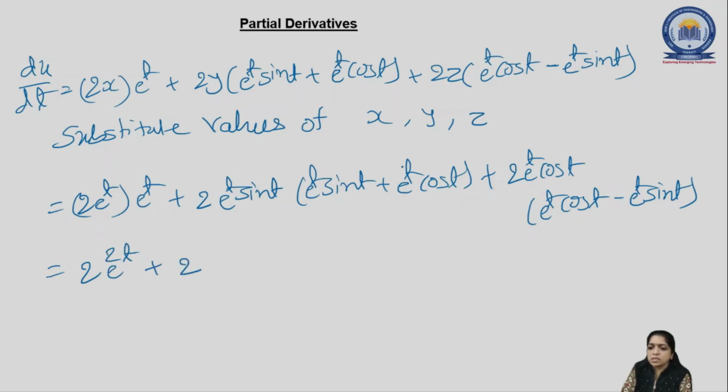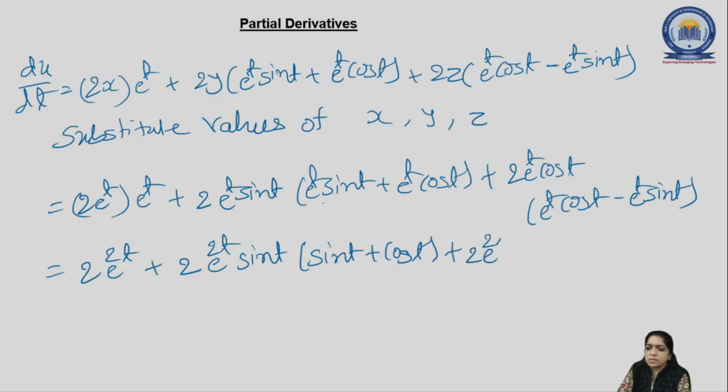If I take e raised to t common from this bracket, then I have e raised to 2t sin t, and this one is (sin t plus cos t). Same, if I take e raised to t from the last bracket, that is e raised to 2t cos t, and in the bracket the remaining term is (cos t minus sin t).